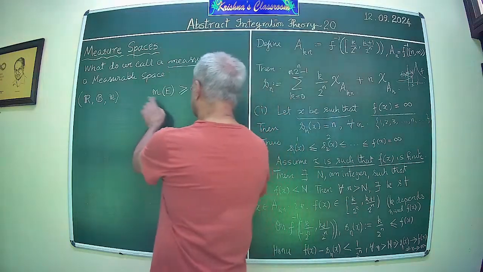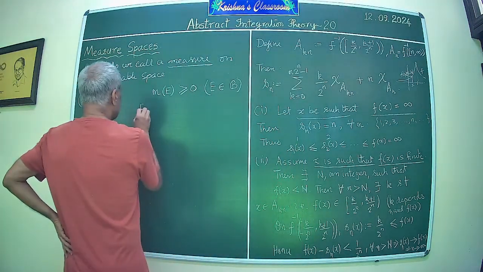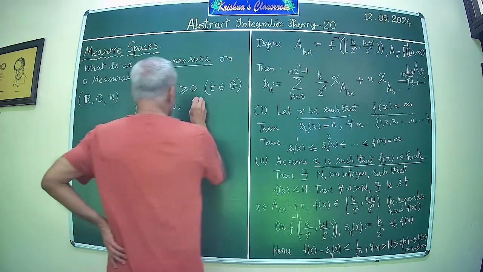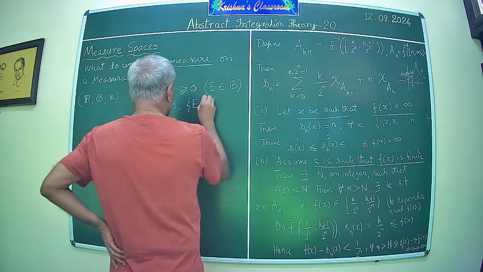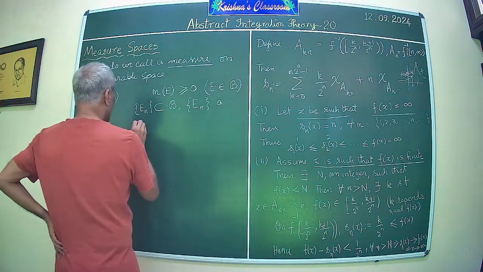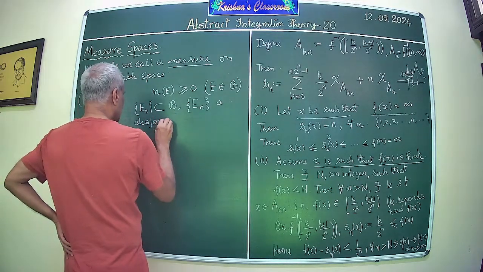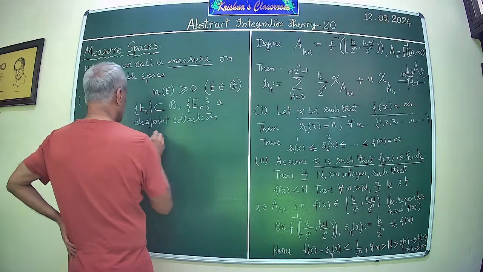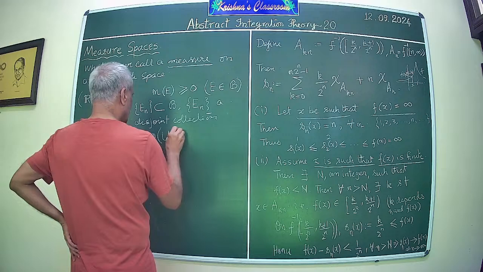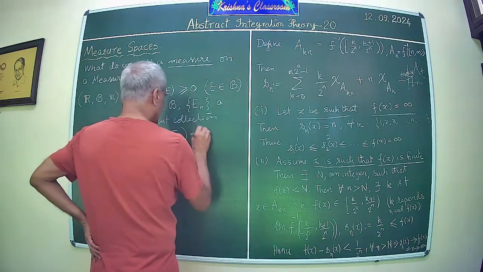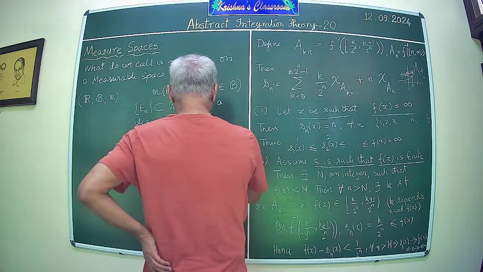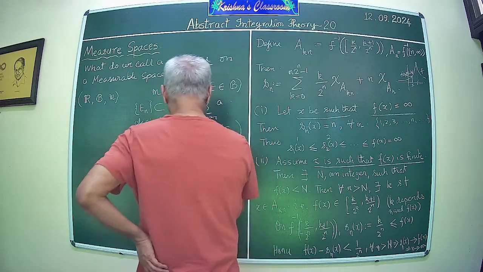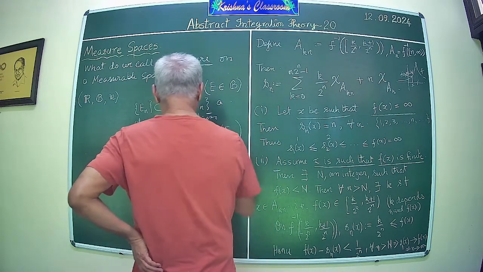Then this had the nice property that when E_n is a disjoint collection, we had that countable additivity was assured.